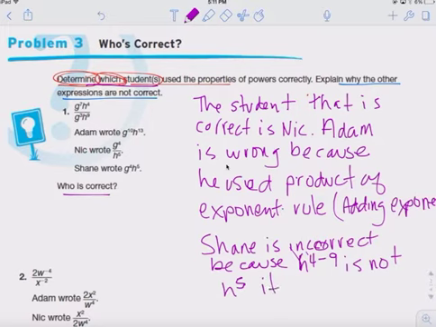It should have been h to the negative 5.